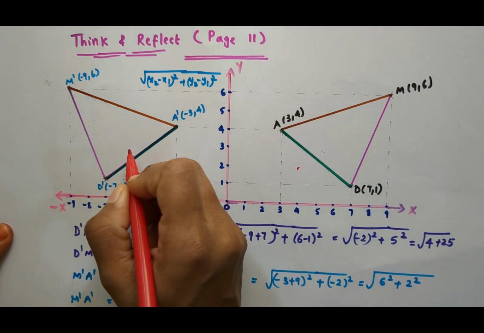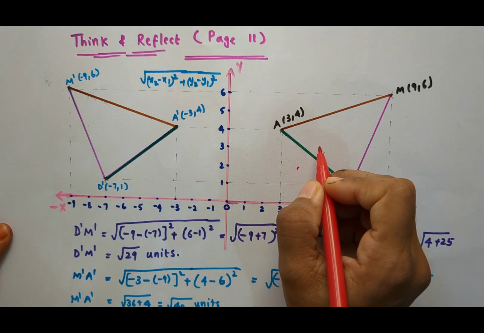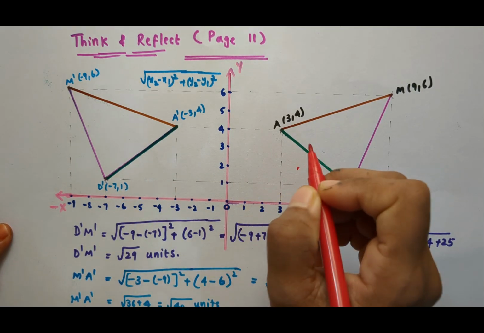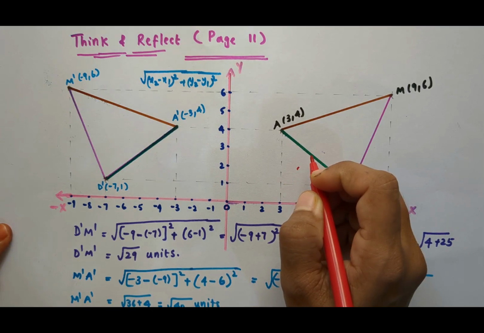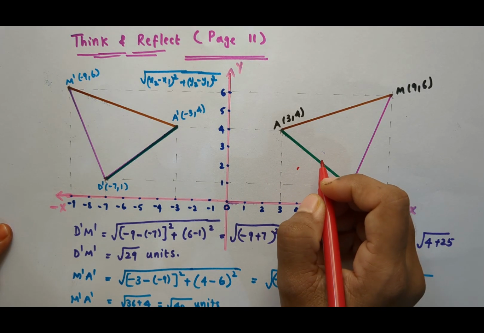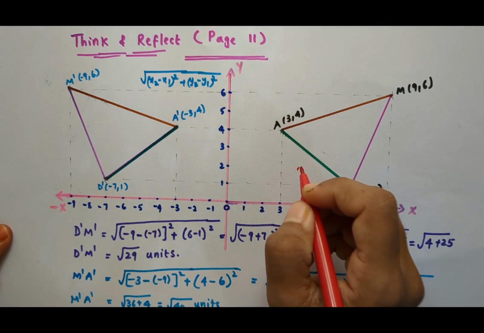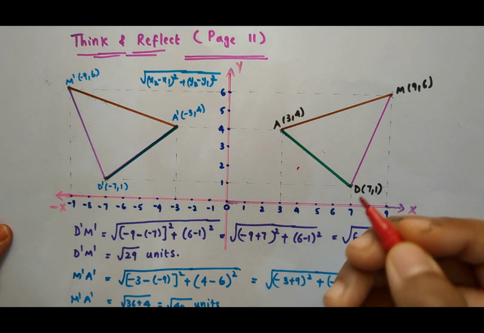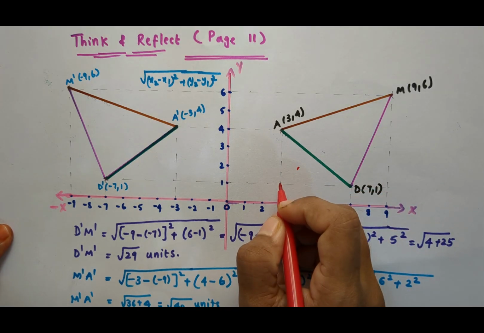So instead of the y-axis, if this triangle was reflected in the x-axis, would these observations be the same? That is the question. No, the observations would not be exactly the same, because when we take the reflection about the x-axis, the x coordinates will remain the same.